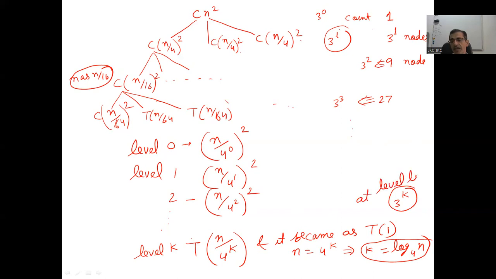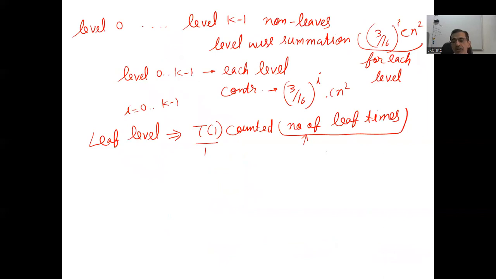At level k, 3 raised to k nodes will be there in total. So I can easily see this count is going to be 3 raised to k, and k we have already found.